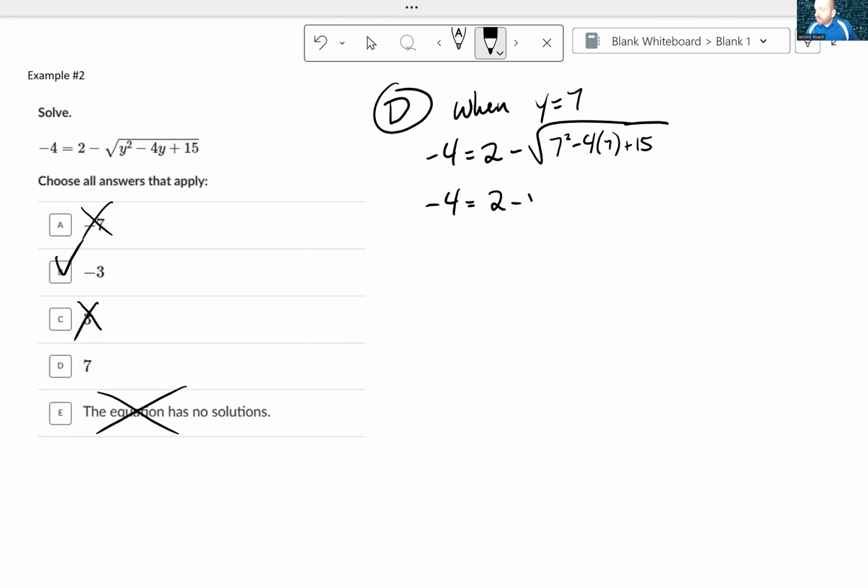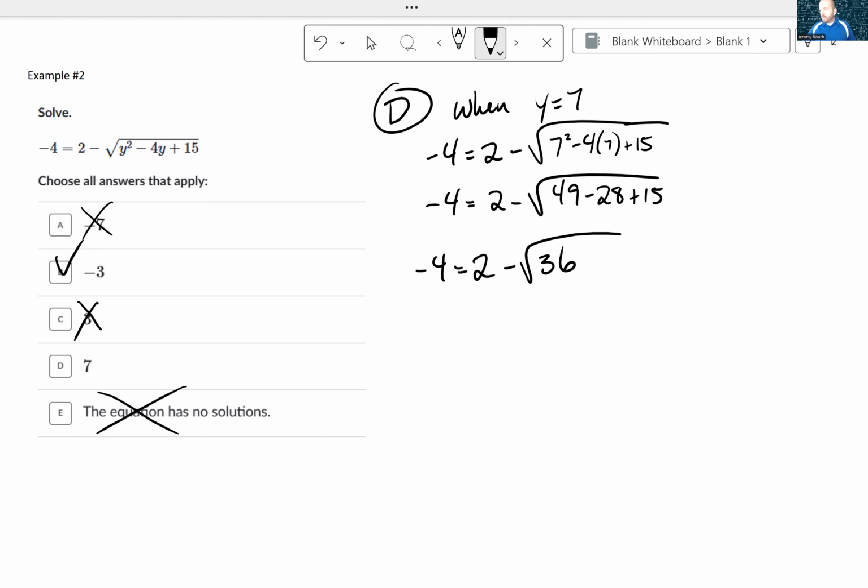And that's 2 minus the square root of 49 minus 28 plus 15. 49 minus 28 is 21, and we add 15 to it, that's 36.